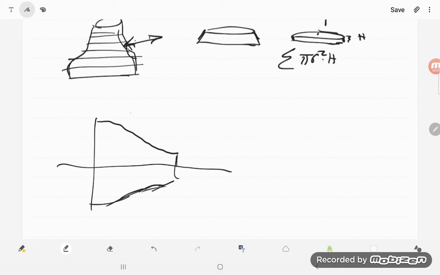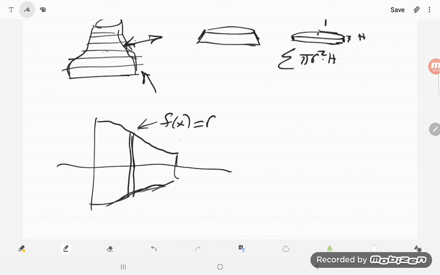Well, if I can describe this curve with some function f of x, then all I've really done is tip over the original picture onto its side, and when I take a slice of it, that radius I had is my f of x.